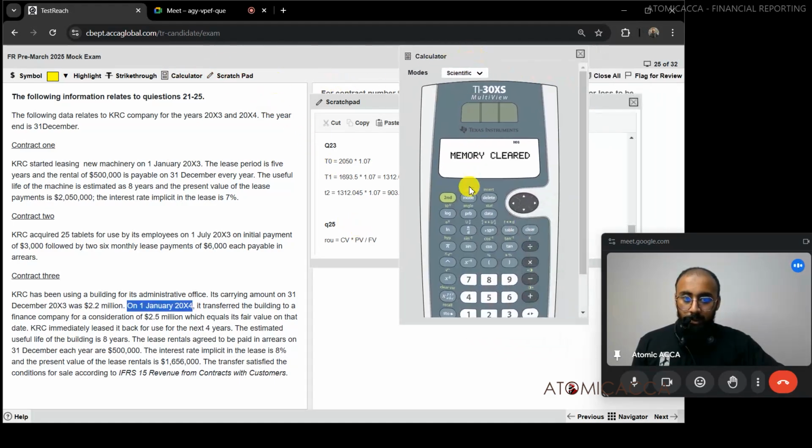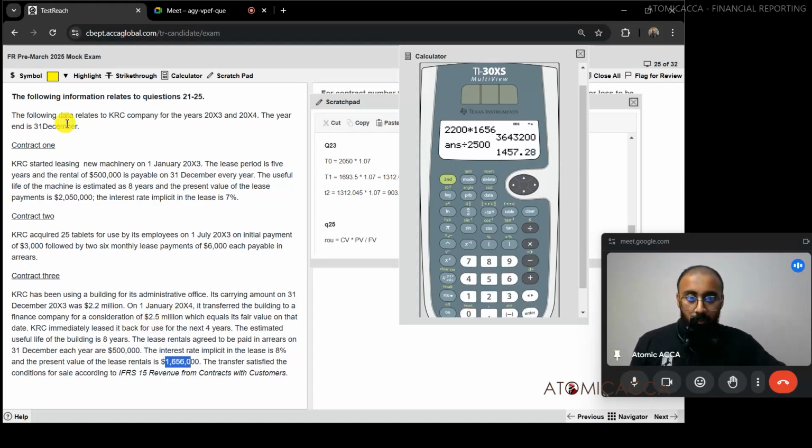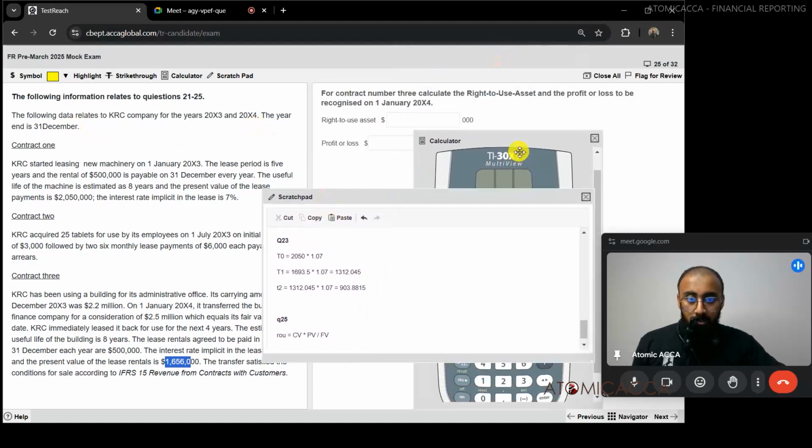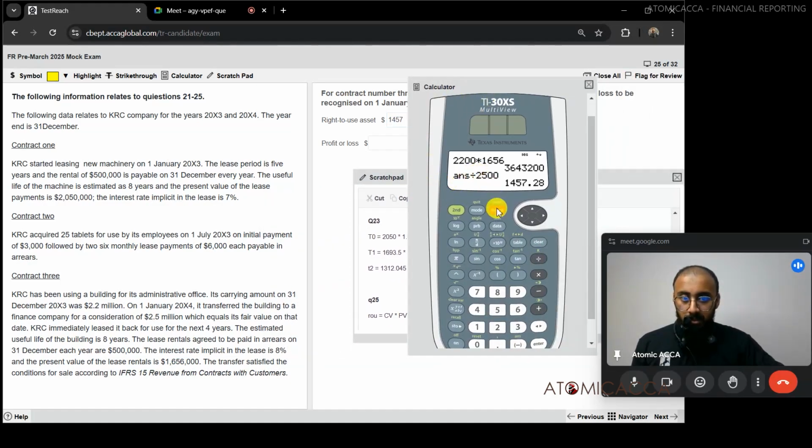The carrying value was 2.2 million. 2.2 million multiplied by the present value, 1656, divided by the fair value, 2.5 million, 2500. That is equal to 1457.28. So 1457. We'll cross check this once again.